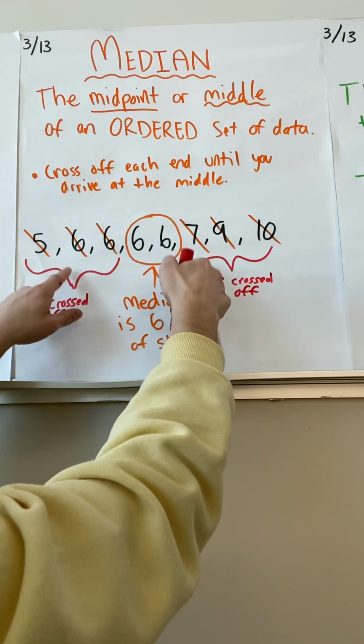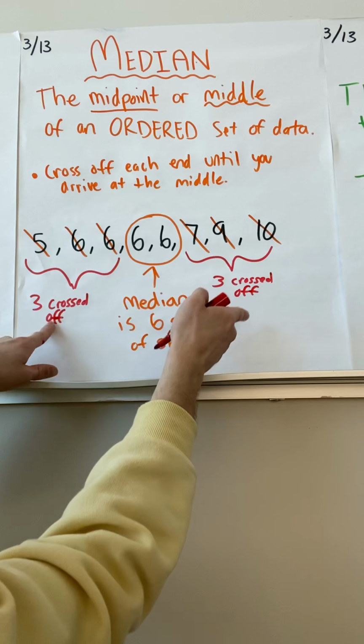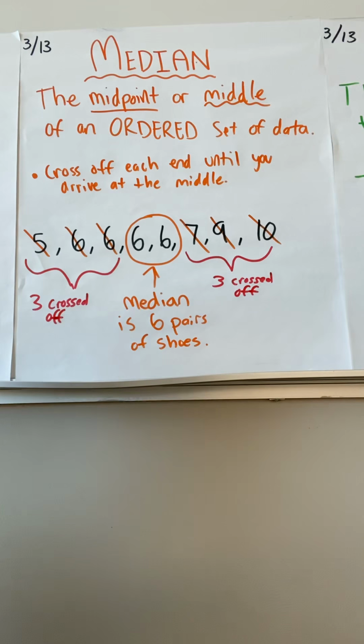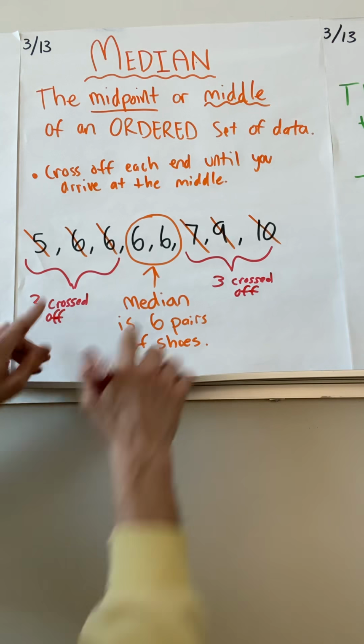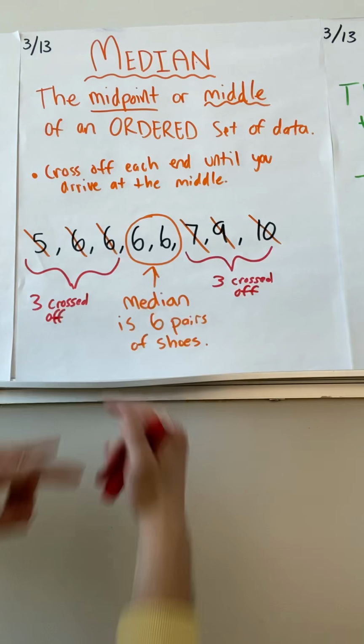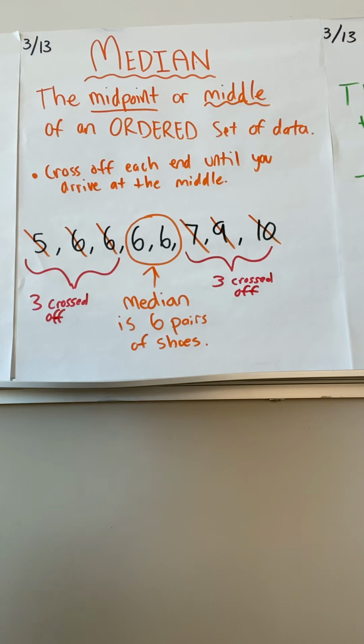I have to make sure I have the same amount crossed out on both sides so that I know I've actually hit the middle. And if I end up with 2, I can't cross those out because then I wouldn't have a number, right? So you're just crossing off those endpoints, making sure you're getting the same amount on both sides of the middle. And there's your median. And that tells us a little bit about the typical amount of shoes in our class.